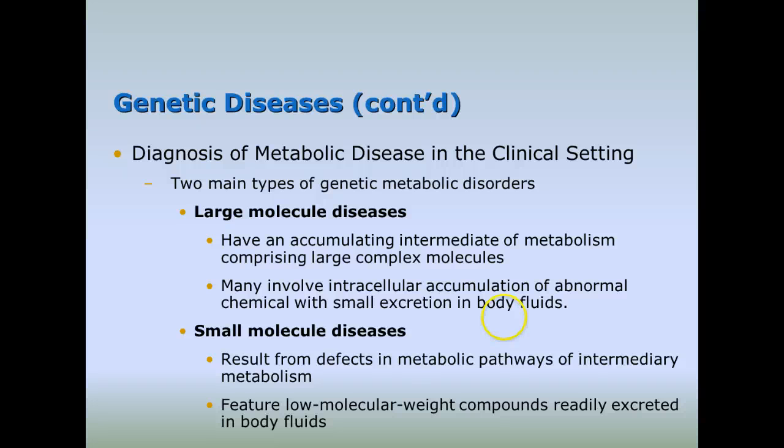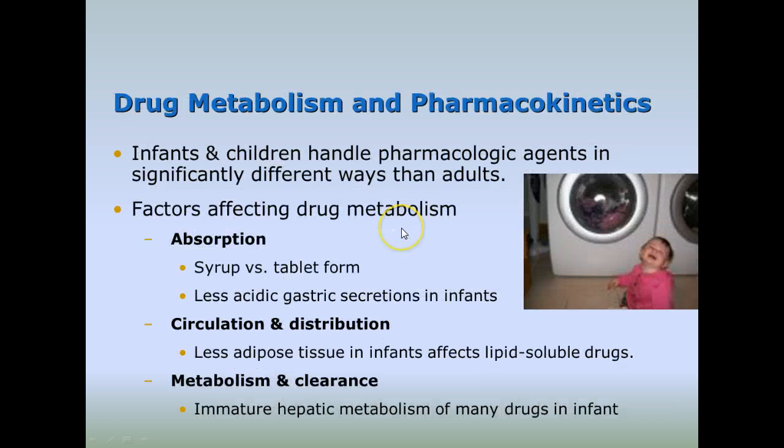We can have metabolic diseases. We can have large molecule and small molecule diseases. I'm not going to go into detail on those, but there are different types of metabolic issues. We have drug metabolism issues. Just like the elderly, we talked about therapeutic drug monitoring. In babies, it's the same thing. Absorption is important. How are they getting their medications?